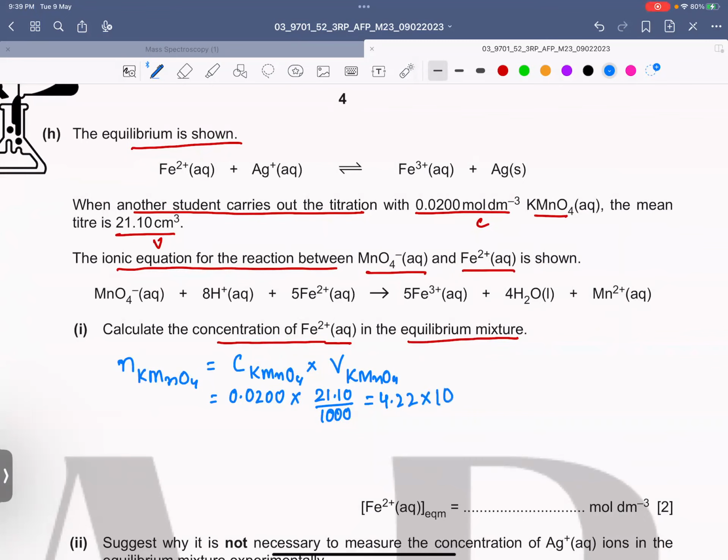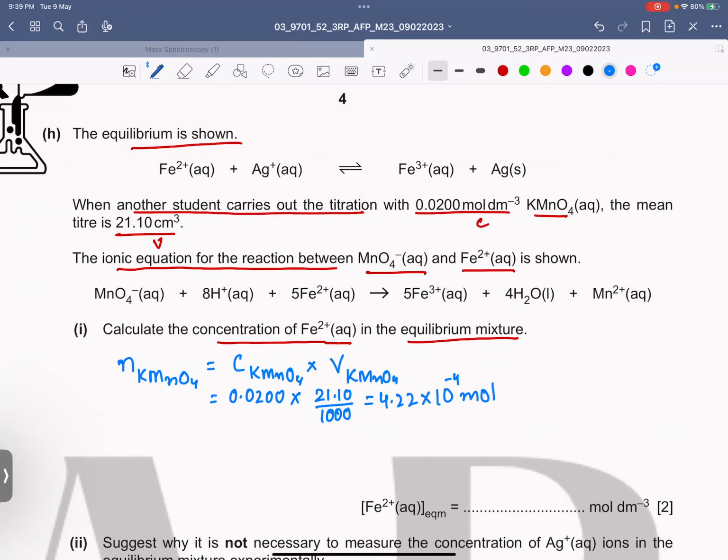Yes, sir. Okay. So we got the moles of KMnO4.